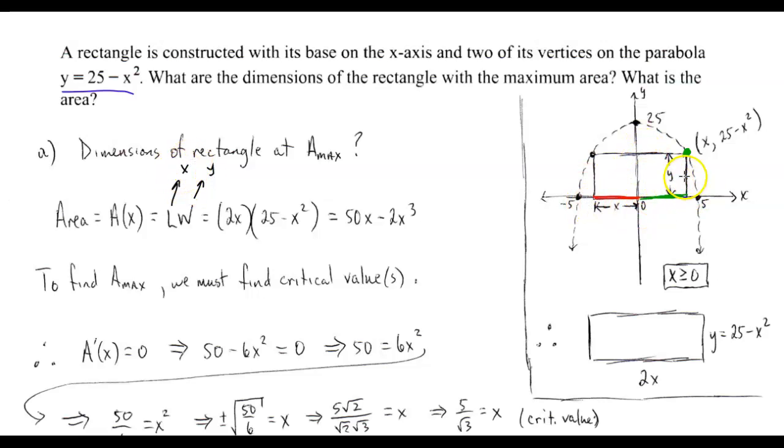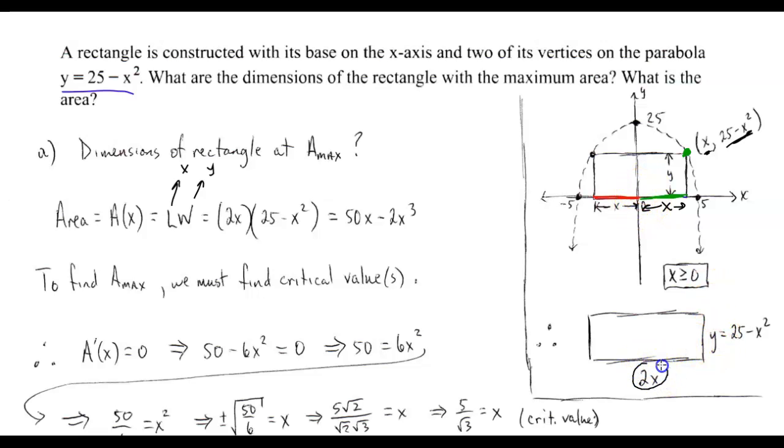So we see that for a given value of x, the corresponding y value is going to be 25 minus x squared, which is just the height of the parabola, okay? Now, as far as the actual length of the rectangle, we know this length is x and this other length here in the red is x. So the total length of the rectangle is just 2 times x.